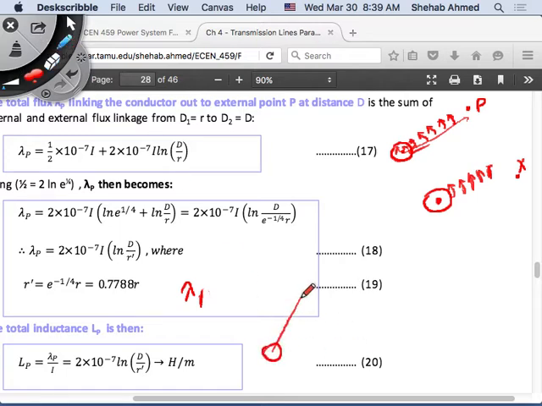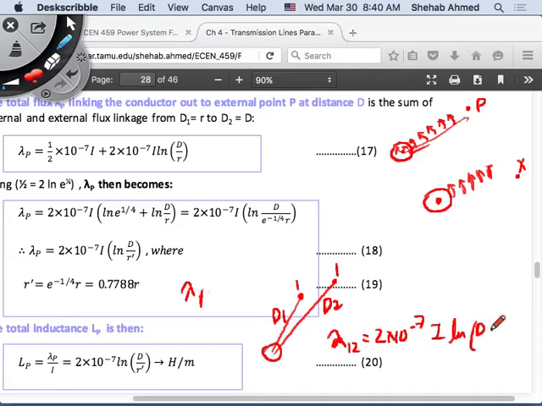I had distance D1, and this was distance D2 away, and the equation was lambda 1, 2 is equal to 2 times 10 to the minus 7 I natural log D2 over D1. This was my original equation, and then I said D1 is equal to R, and D2 is equal to D, which is the distance between the core and point P in space. That's how I ended up with this equation.